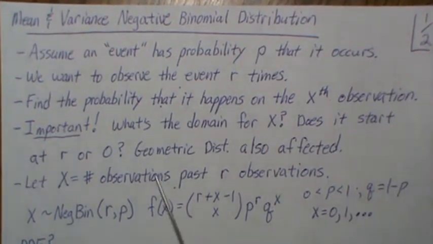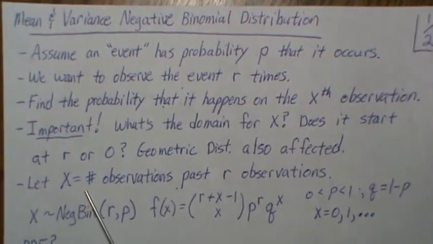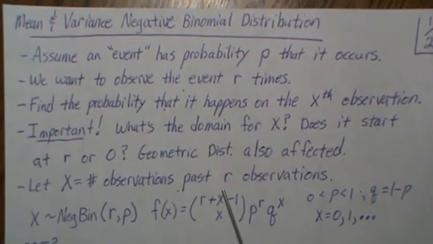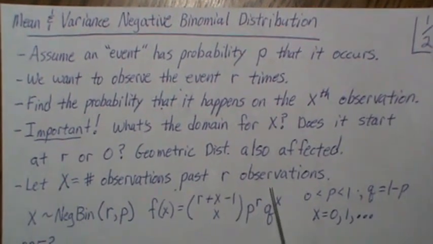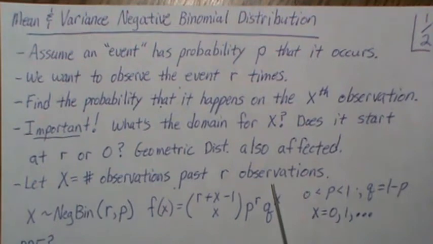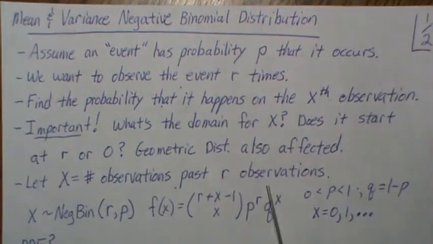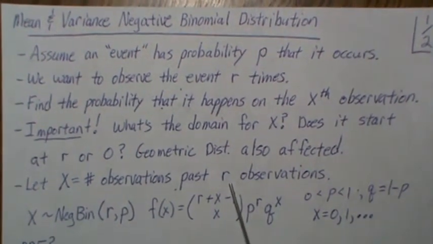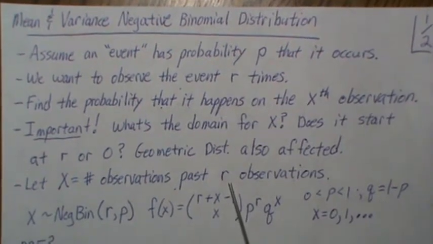We're going to take the approach that Wikipedia did, and let X equal the number of observations past R observations. We have to observe R observations because we want to see R events. So it could happen in the first R cases.